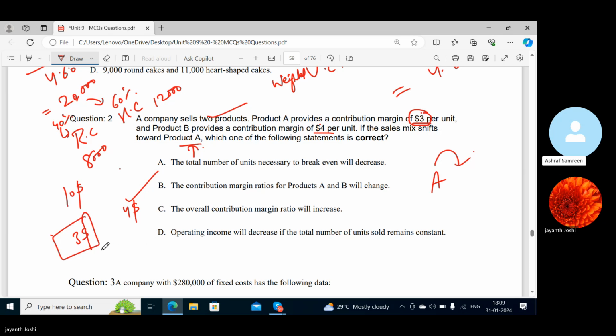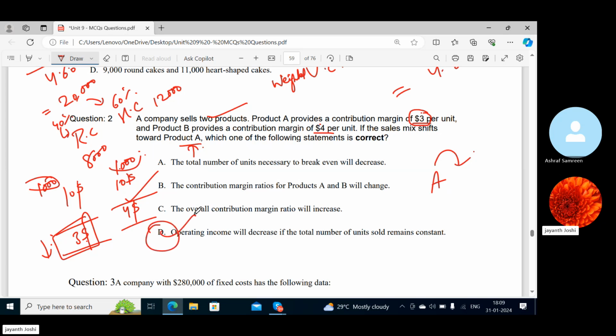Yes, decreasing. If you are selling the total number of units which is constant, let's say you are selling 1000 units here and 1000 units here. Let's say the selling price is same. Here you have a higher contribution, lower contribution. So here the operating income will decrease when the number of units sold is constant. Correct or wrong? So this is the option.